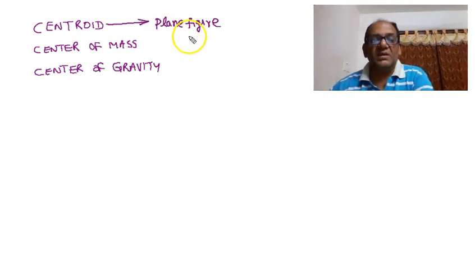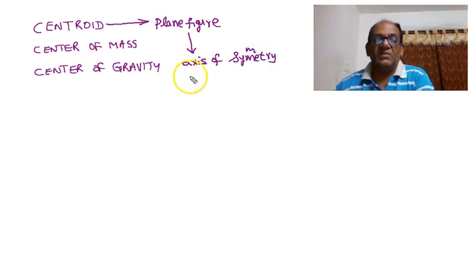We have seen that if the plane figure has an axis of symmetry, centroid must lie on that axis of symmetry. And in fact, if we can identify two axes of symmetry, the centroid must lie at point of intersection of those two axes of symmetry.